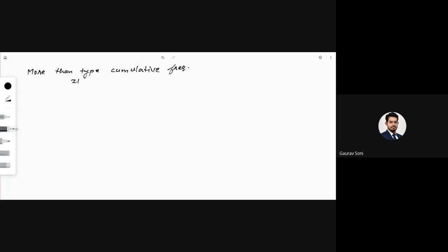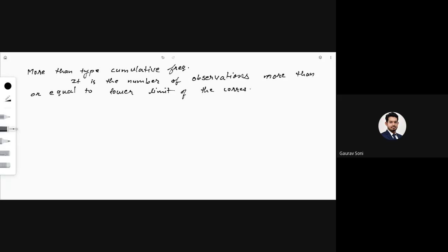It is the number of observations more than or equal to the lower limit of the corresponding class. Lower limit of the corresponding class.